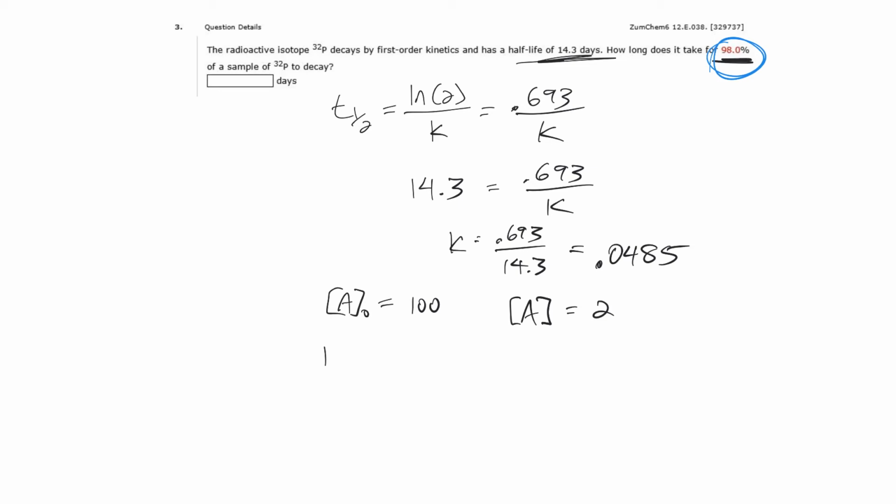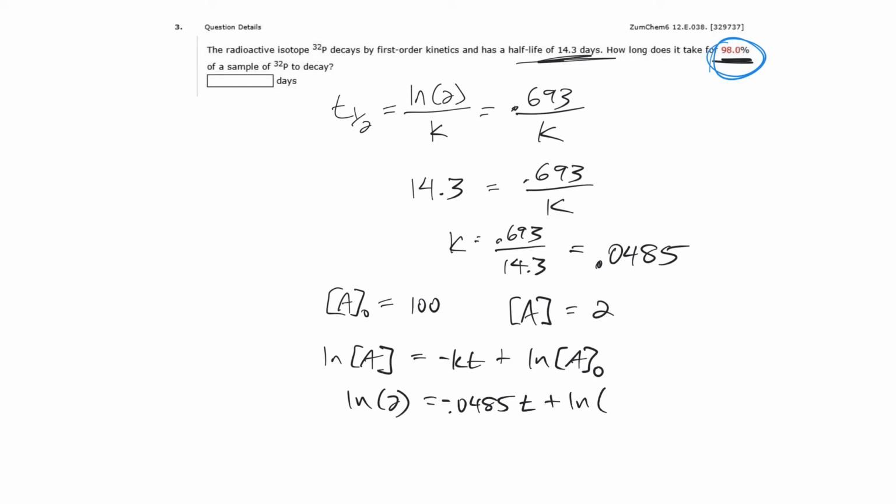Then we can apply the integrated rate law for a first-order reaction. If we plug in the concentration of A, our known value for the rate constant k, and we're going to solve for time, we come up with an expression that looks like this.